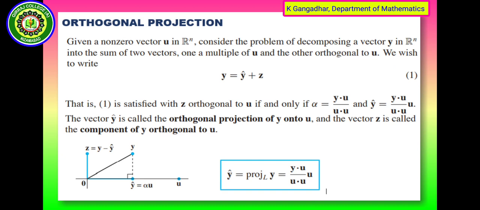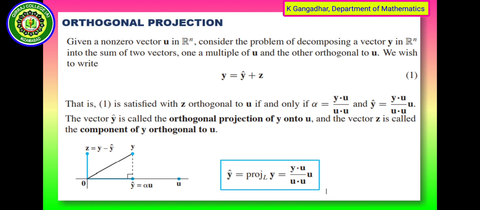Consider the problem of decomposing a vector y in R to the power n into the sum of two vectors, one a multiple of u and the other orthogonal to u. So we wish to write y equal to y hat plus z.